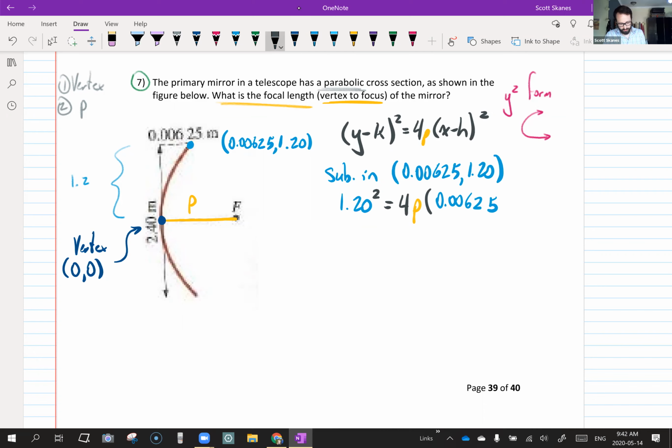And the h is 0. Just to color code this, the vertex is this, and this is that. If you match those up in the equation, that's why I'm getting what I'm getting. If you solve this for p, you get 57.6 meters. So that's the answer. P is the distance from the vertex to the focus.